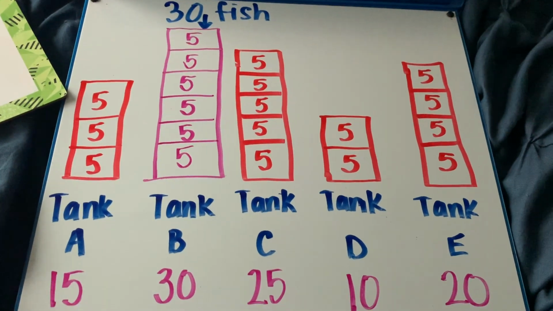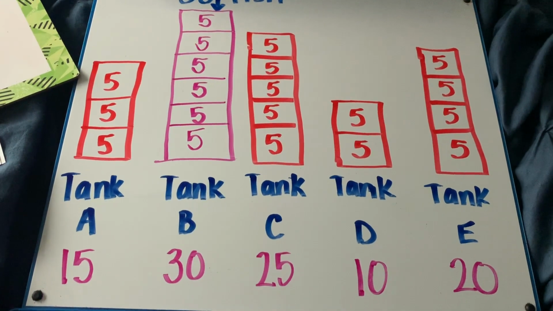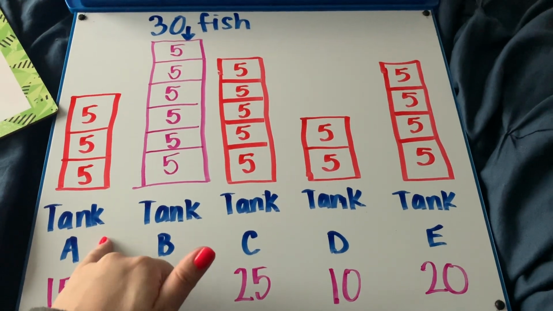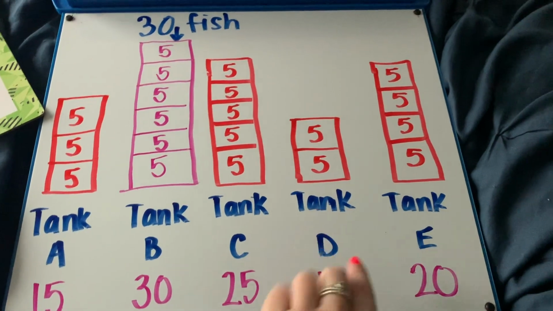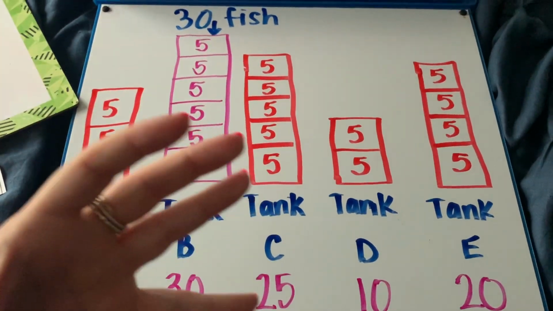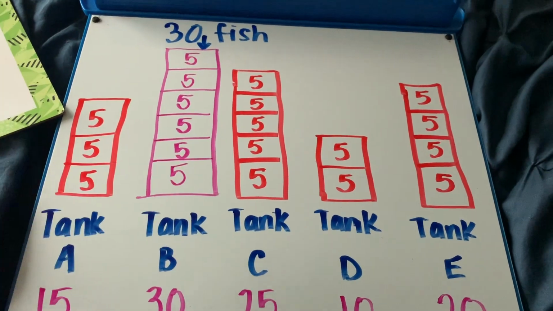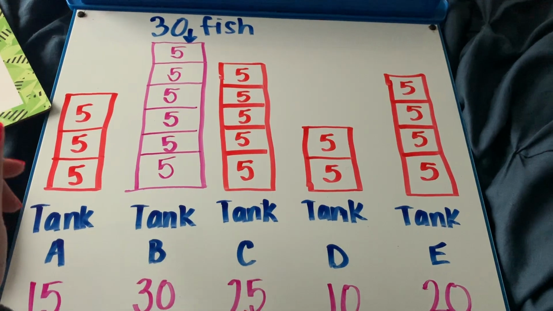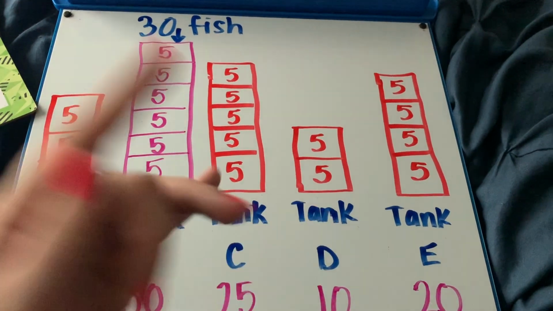So now what I wanna do is I wanna find out how many more fish are in tank B than in tanks A and D combined, okay? So when I see a question that says, how many more fish are in tank B than in tanks A and D combined, the first thing I have to figure out is how many fish are in tanks A and D combined.